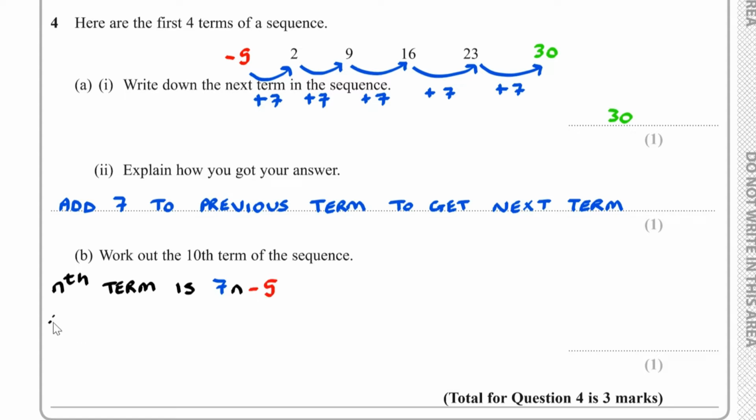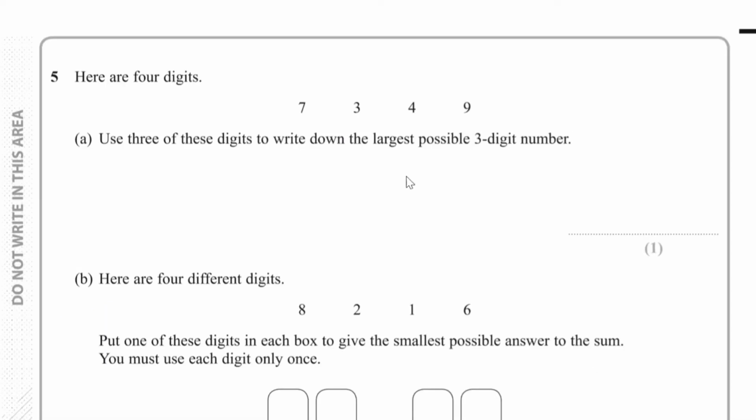And therefore, when n is 10, because we are working out the 10th term, we have 7 times by 10 subtract 5, which is 65. So the 10th term is 65.